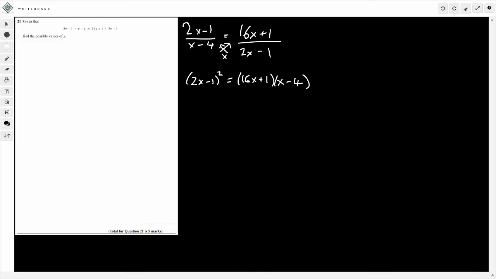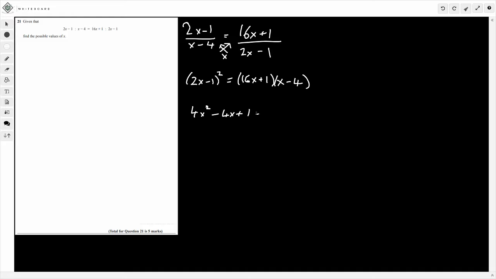What's that going to give me if I do each side separately? If I do the left hand side first, 2x times 2x is 4x squared, and then 2x times minus 1 gives me minus 2x, and minus 1 times 2x gives me minus 4x in total. All I'm doing here is expanding this double bracket: minus 4x, and then minus 1 times minus 1 is plus 1.